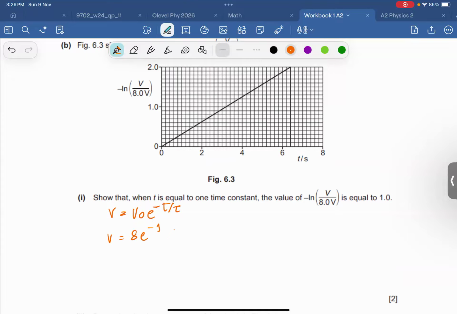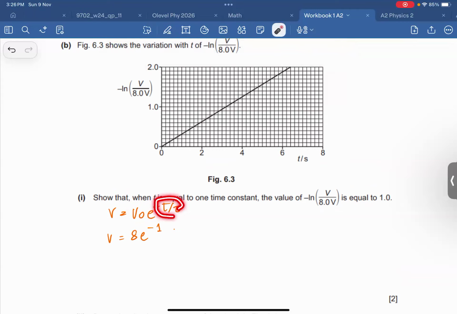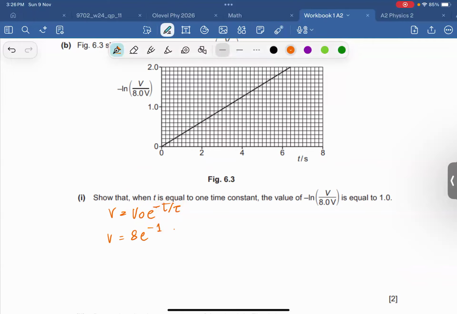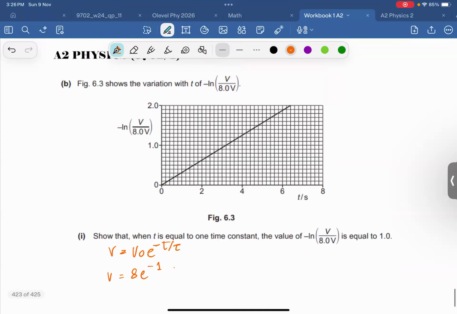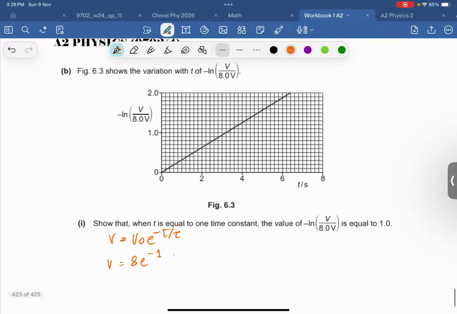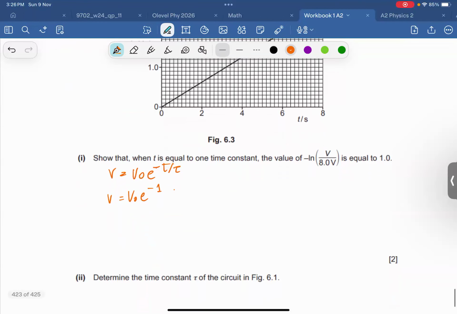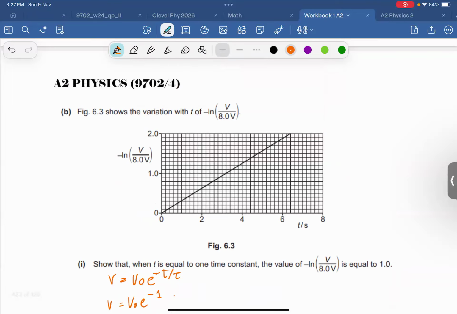When t becomes one time constant, this whole thing will be negative one. So V naught, and that's it. Now if we try to solve, V over V naught is equals to e power minus 1.